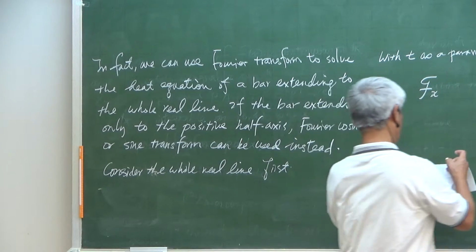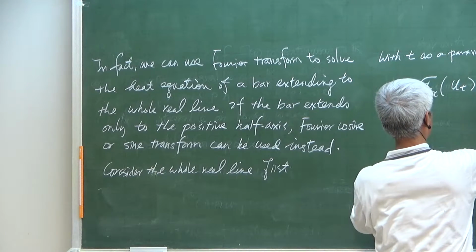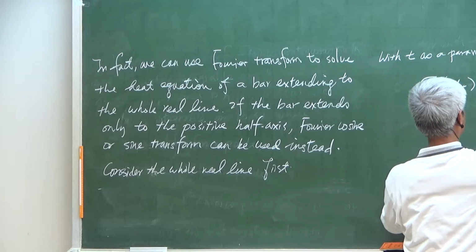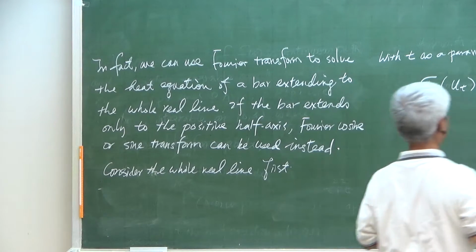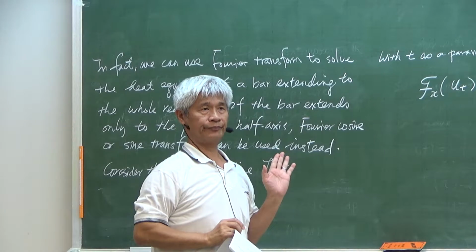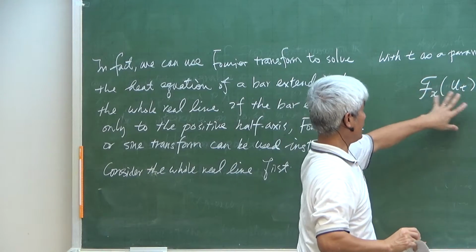Okay. So now u_t equals c squared u_xx. So I take the Fourier transform of both sides, all right?